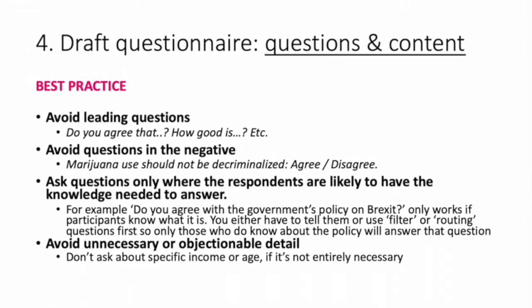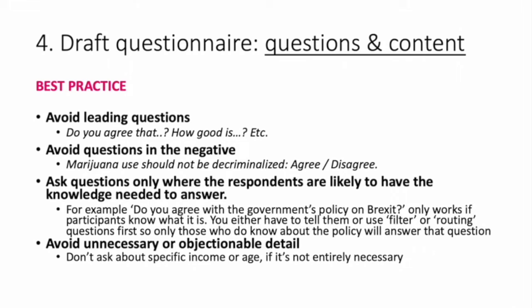So again, when thinking about how you formulate the questions, there are some best practice rules of thumb that we should follow. The most obvious one is that you avoid leading questions, such as the ones that were used in the Trump poll, or other examples like, do you agree that, how good is. Those are examples of leading questions.